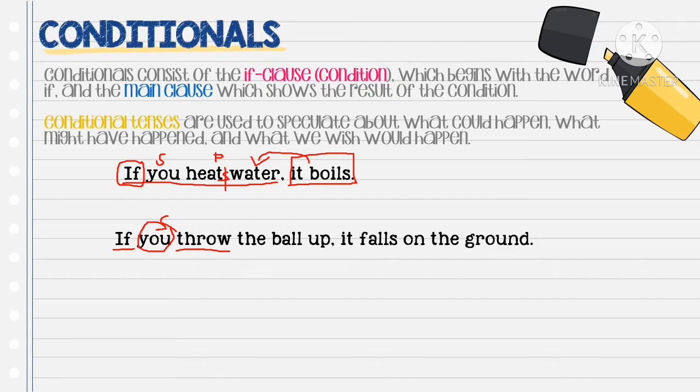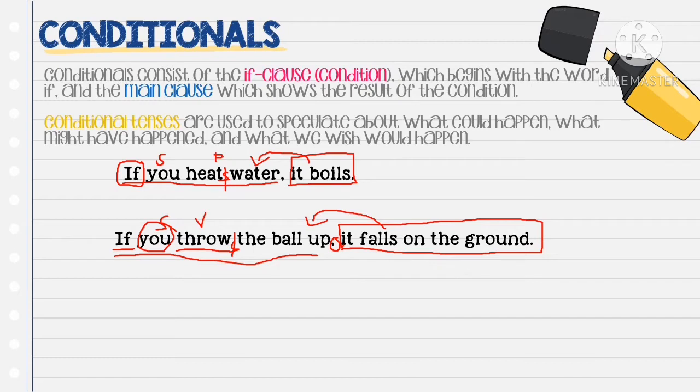Throw is the verb in the sentence, plural because there is no S. So, if you throw the ball up is the if clause in the sentence. It describes the situation, sets the condition, and then, followed by a comma, it falls on the ground is our main clause. It falls on the ground describes the consequence or the result of the situation.